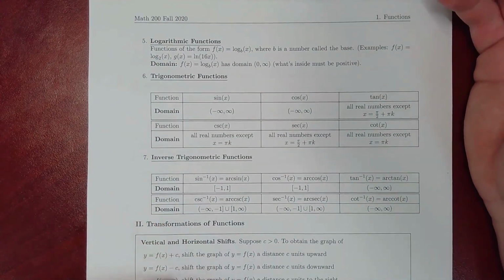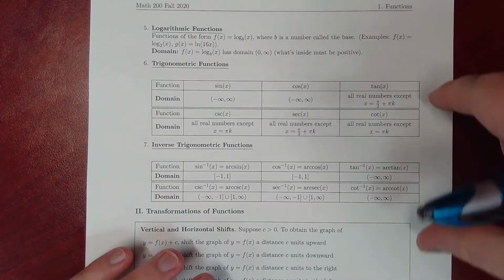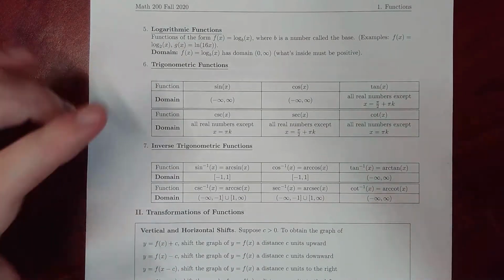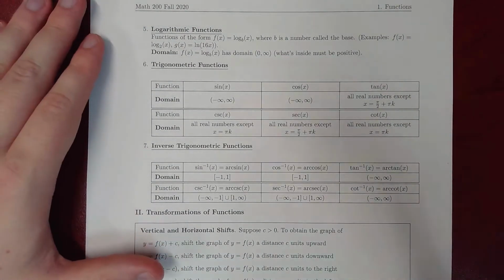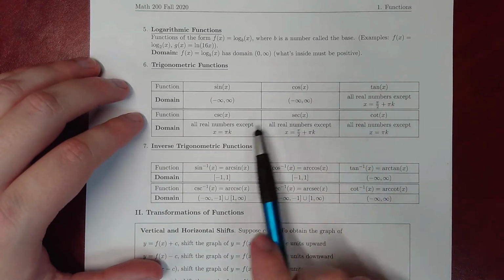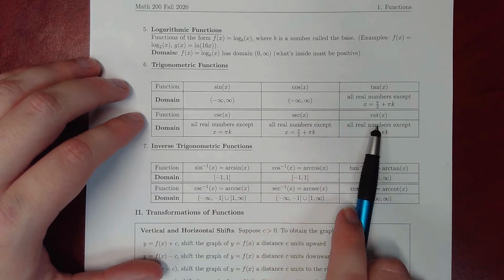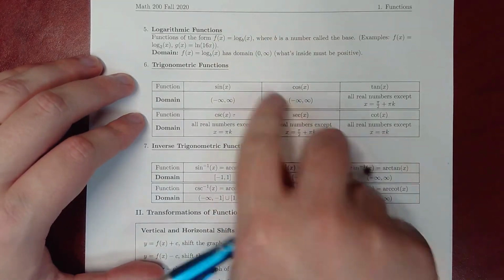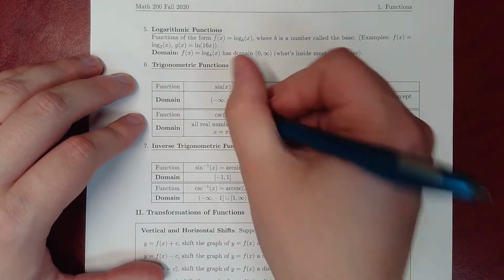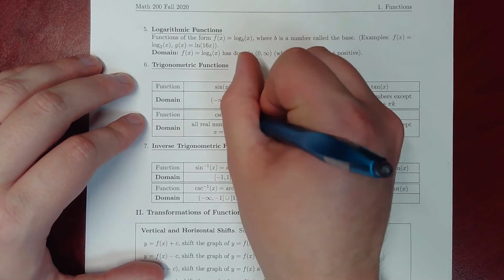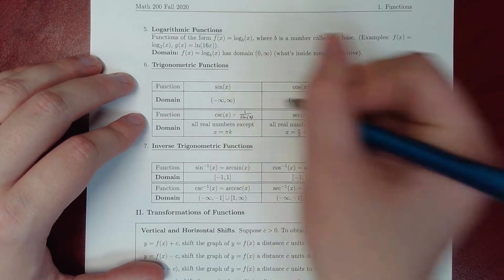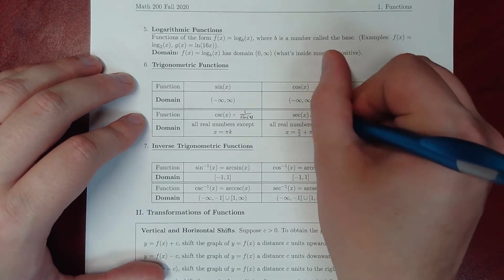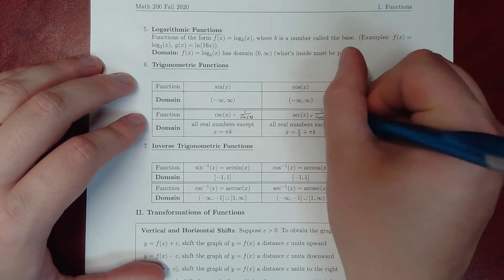Some other functions here, and they're on the tables. I don't want to read the tables to you guys. Sine, cosine, tangent, cosecant, secant, and cotangent. Remember that the second row is just 1 over whatever's above it. So cosecant is 1 over sine of x, the reciprocal. Secant is 1 over cosine of x.